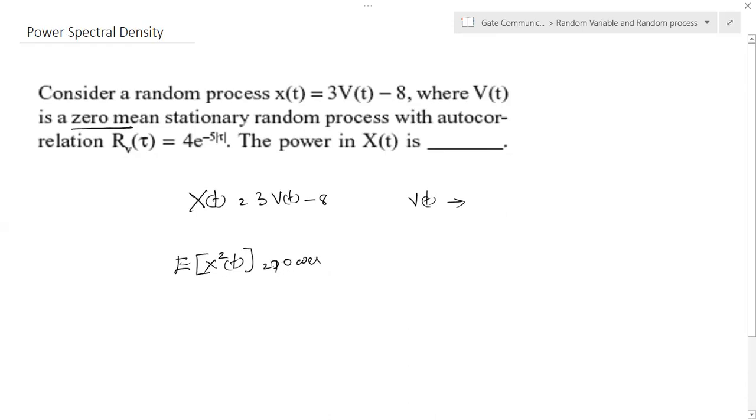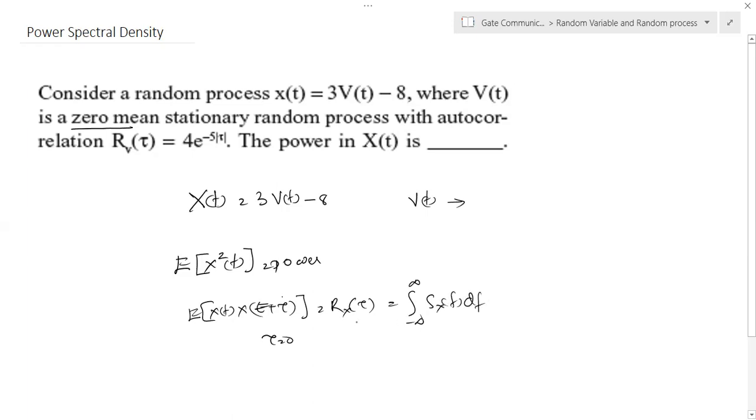Okay, and because already we discussed that the autocorrelation function of a random process, expected value of x of t into x of t plus tau, is actually the autocorrelation function Rx of tau. And if tau is equal to 0, that is actually equivalent to integral minus infinity to infinity Sx of f df.